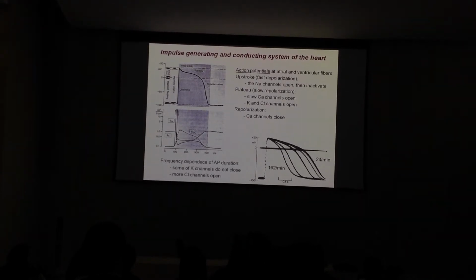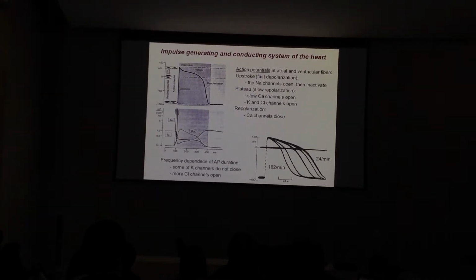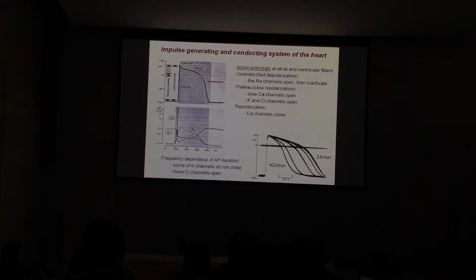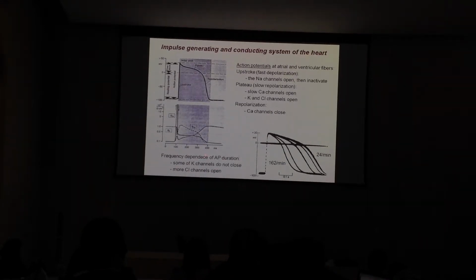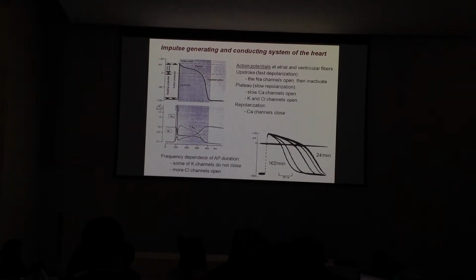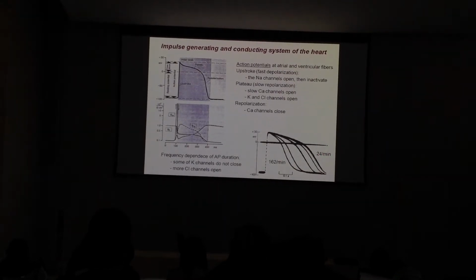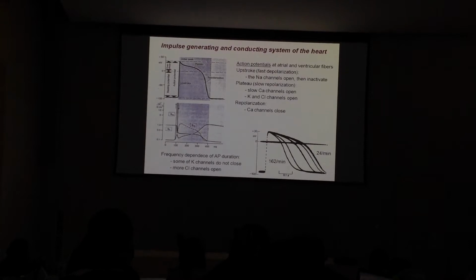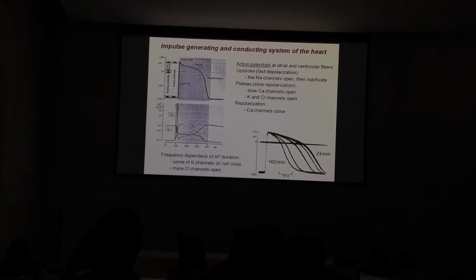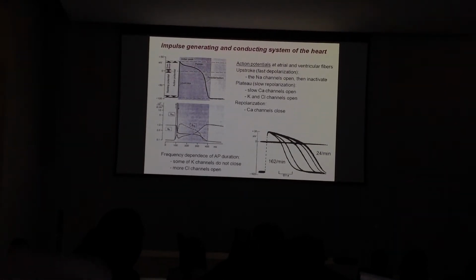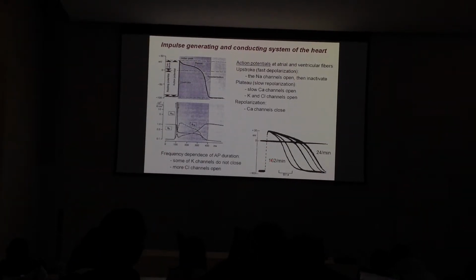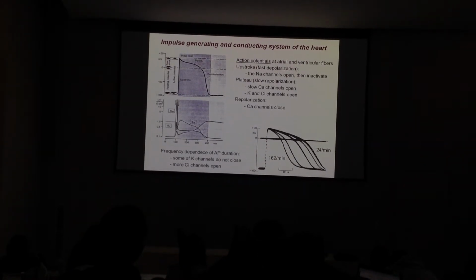Now, there is an interesting question. How can we explain the frequency dependence of the action potential? Because we can evoke action potentials maybe 20 to 30 times over a minute, but we are able to evoke action potentials from the cardiac membrane more than 150 times during a minute.